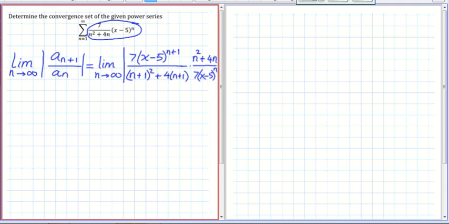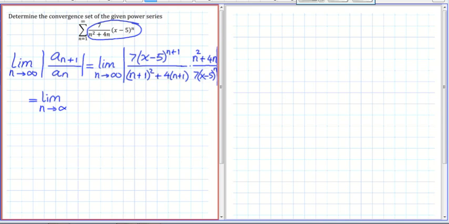Alright. So we will have the limit as n goes to infinity. The 7 and the 7 cancel out. (x minus 5) to the n plus 1 over (x minus 5) to the n, the n of them cancel out. We have x minus 5 left.